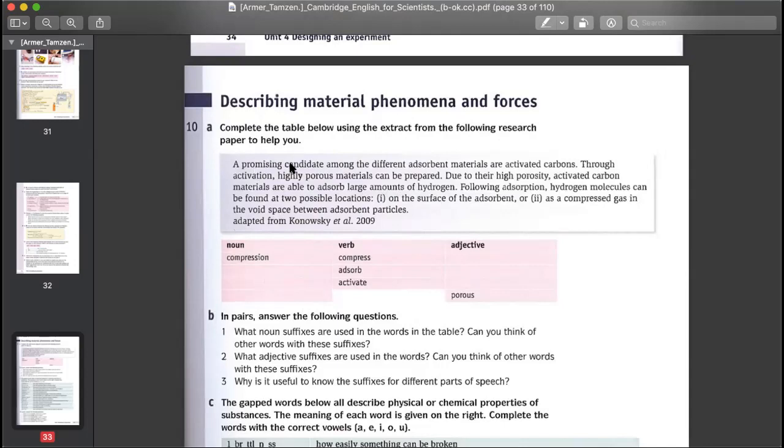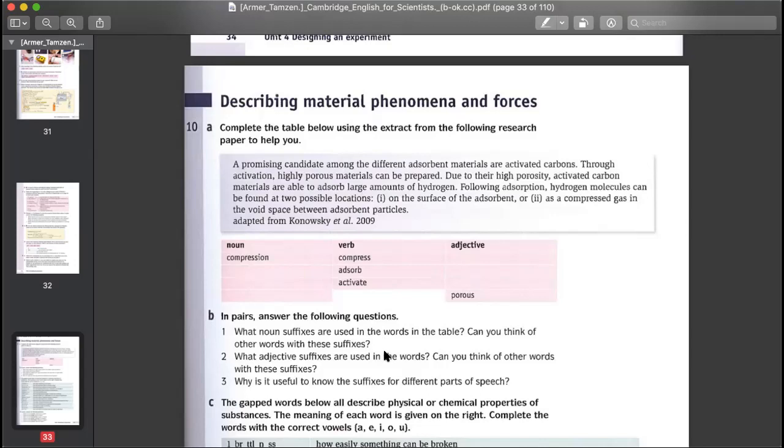Here we have a promising candidate among the different. I will read it from the book because the font is small here. So a promising candidate among the different absorbent materials are activated carbons. Through activation, highly porous materials can be prepared. Due to their high porosity, activated carbon materials are able to absorb large amounts of hydrogen.